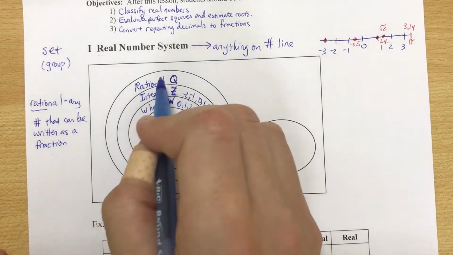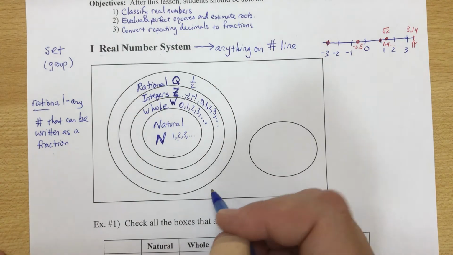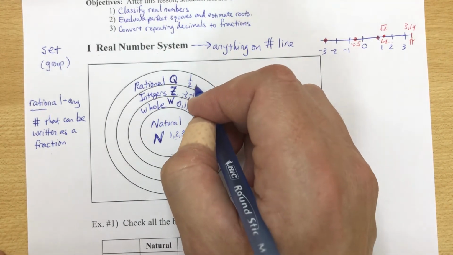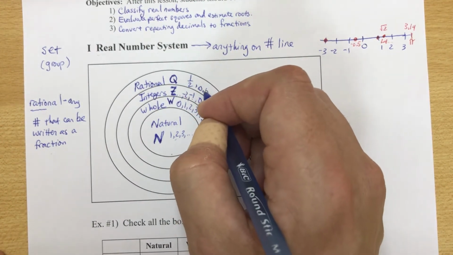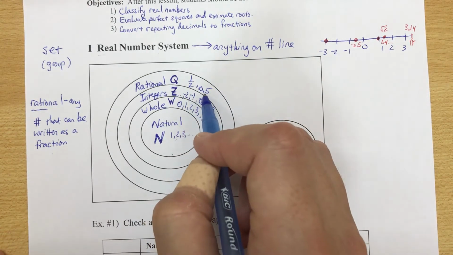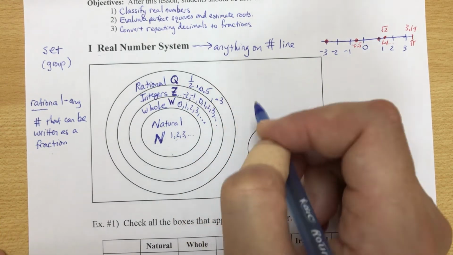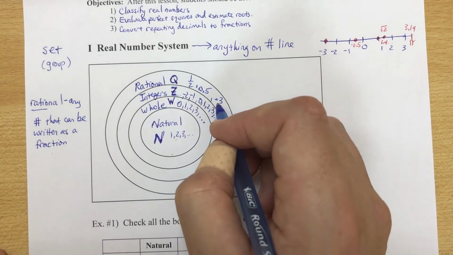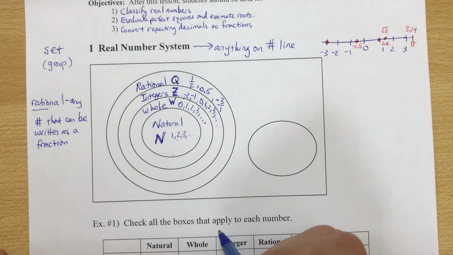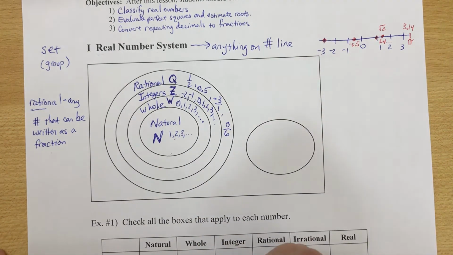Okay, so for an example, and I'll put the examples here. 1/2 is rational. But so is the decimal 0.5. It's the same thing. Because I can write this as a fraction, 0.5 is a rational number. If I took -3, that is rational because I can put that over 1, I can write it as a fraction. Even a number like 0, you can do 0 divided by anything, and that's still equal to 0.